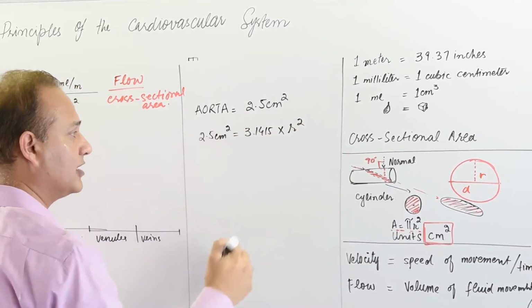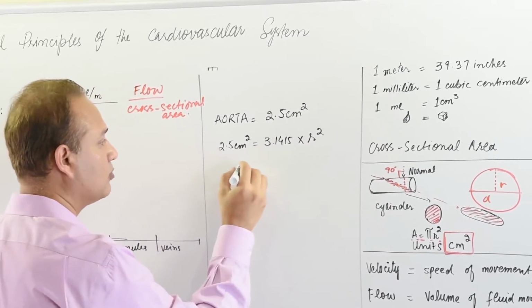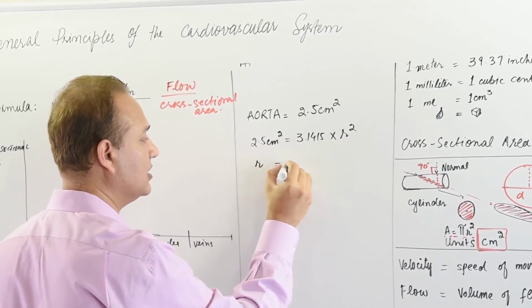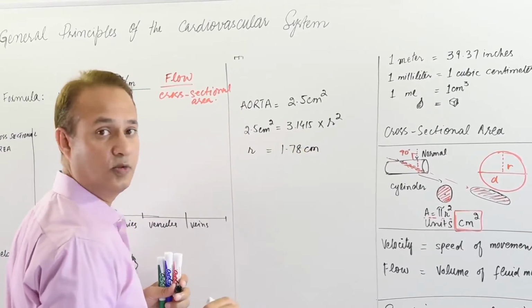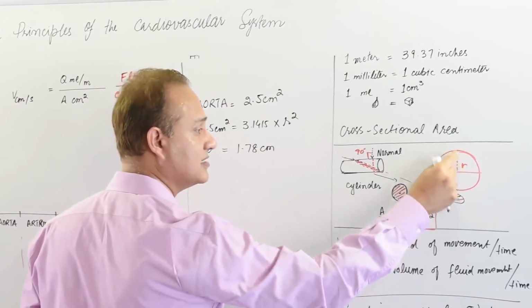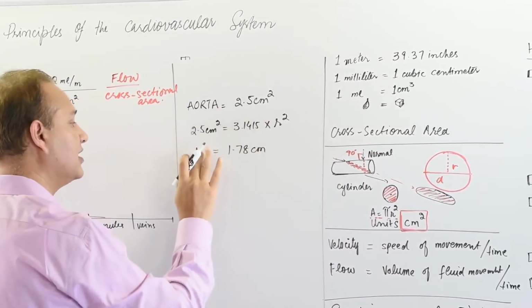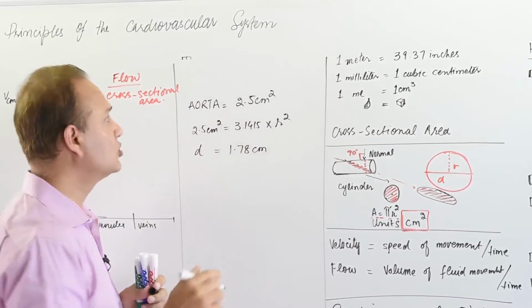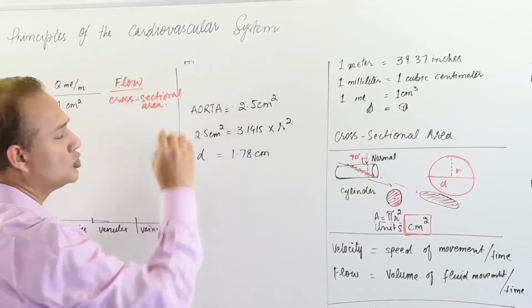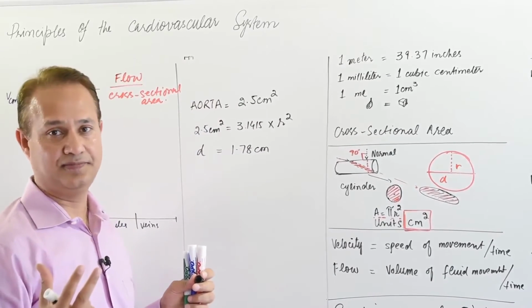And if you solve it, the radius will come to be about 1.78 centimeter. What that means is that this is the diameter. After having the radius and multiplying it with 2, you'll end up with a diameter of about 1.78. So aorta is about 2 centimeter wide blood vessel.